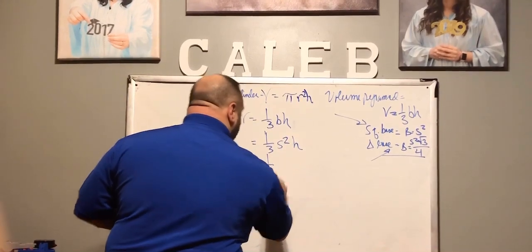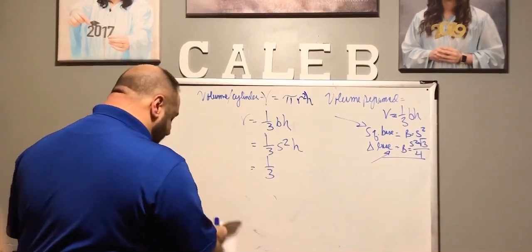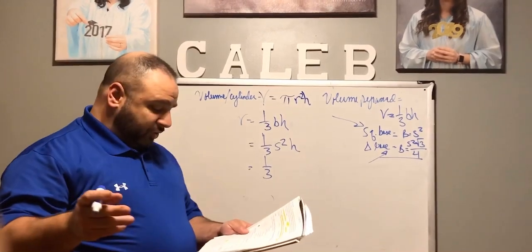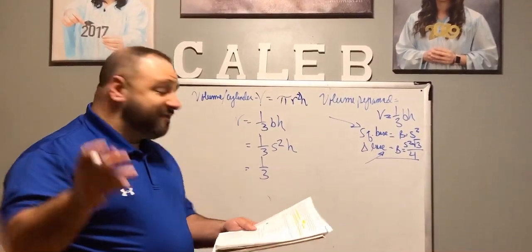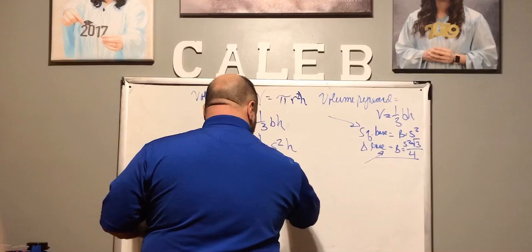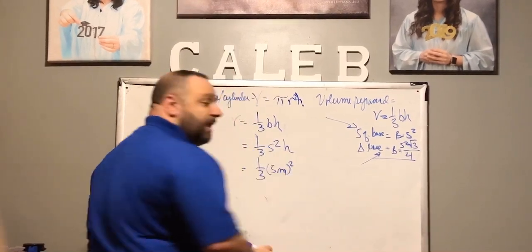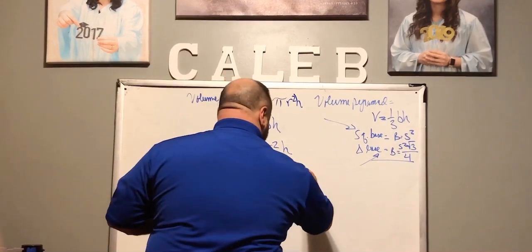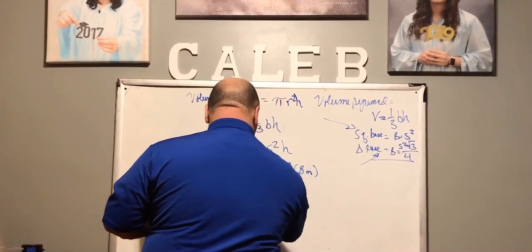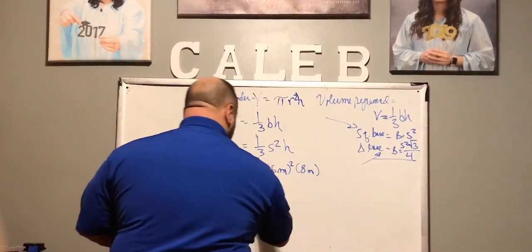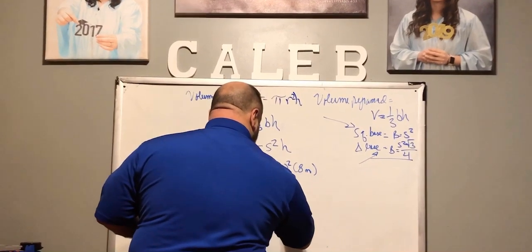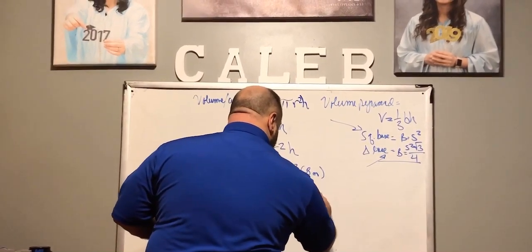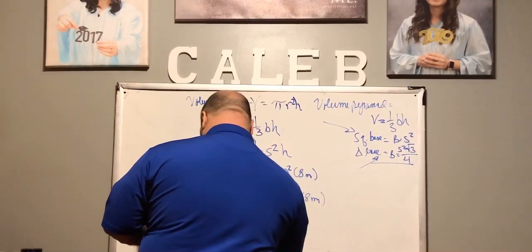Now, what is the side? Looking at number 5 on your page, the side would be 5 meters squared, and then times the height, which would be 8 meters. So 1/3 times 25 meters squared times 8 meters.